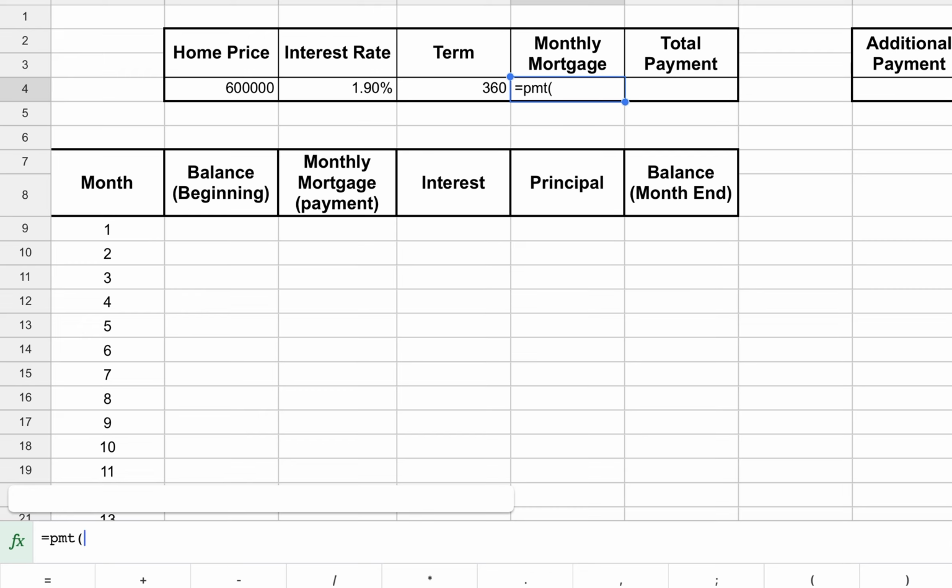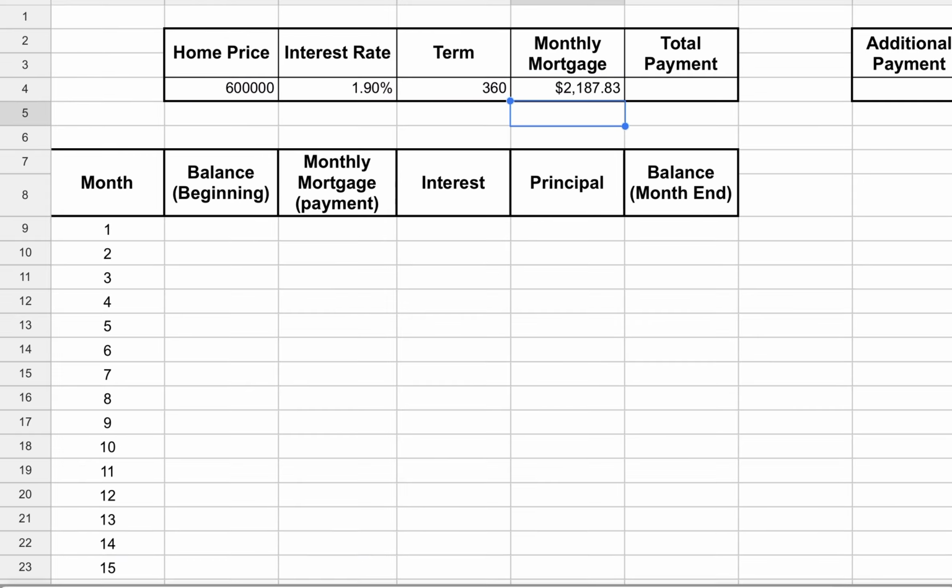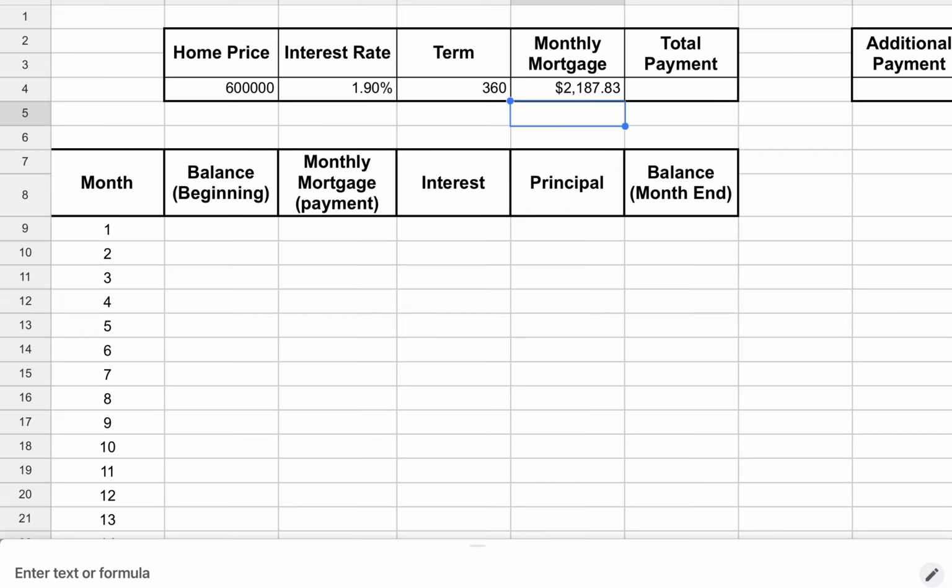That's going to be the interest rate divided by 12, and then the term, which is 360, and the amount is going to be $600,000. So the monthly payment is going to be $2,187.83. Let's make a note of that.